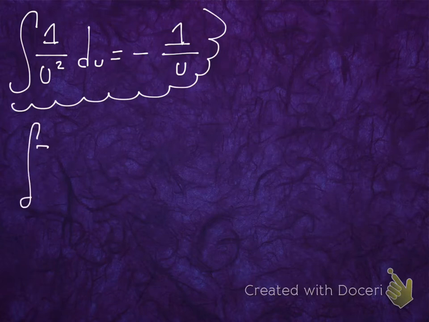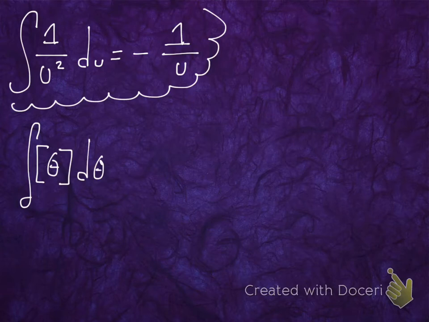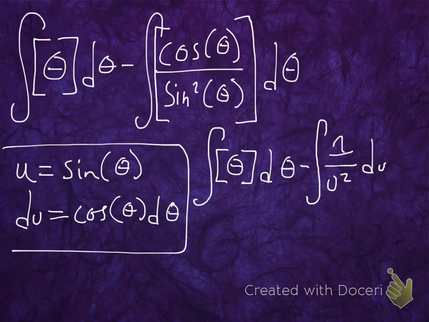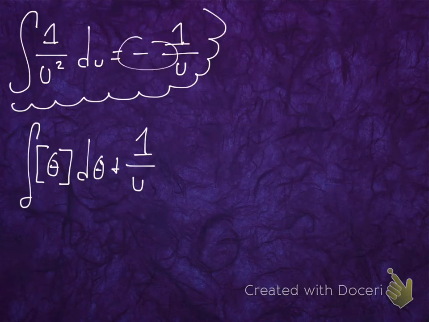We have our integral of theta d theta plus 1 over u. Now, I said plus 1 over u. Why? Well, look, it's negative 1 over u, and we're subtracting. So right here, subtracting, negative, so this is just going to cancel out and make everything a positive. So now we have the integral of theta d theta plus 1 over u.